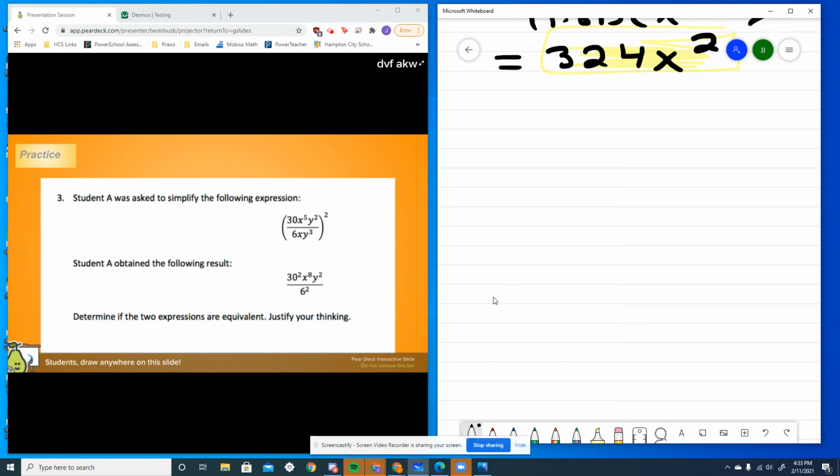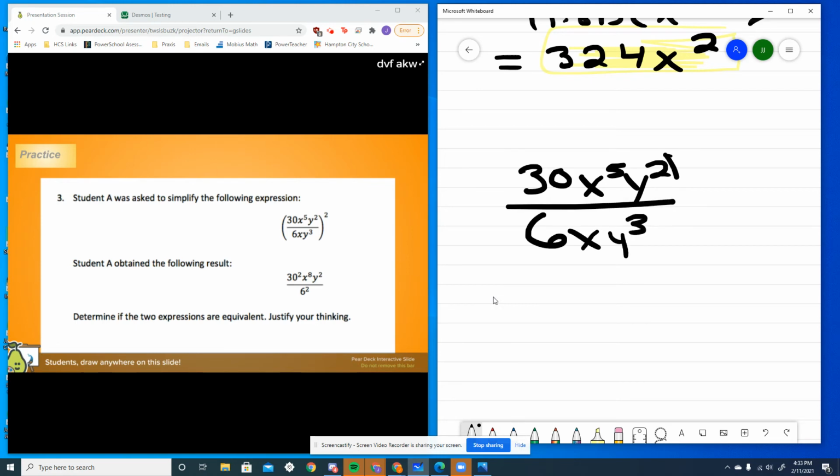So we look at this. We have 30x to the 5th power, y squared, all over 6xy cubed, in parentheses, squared.